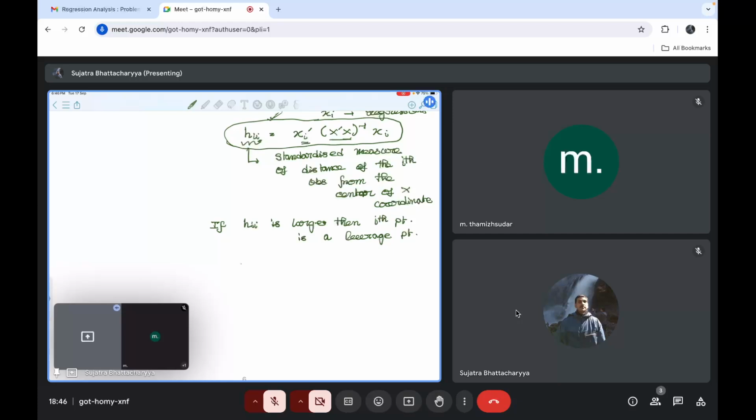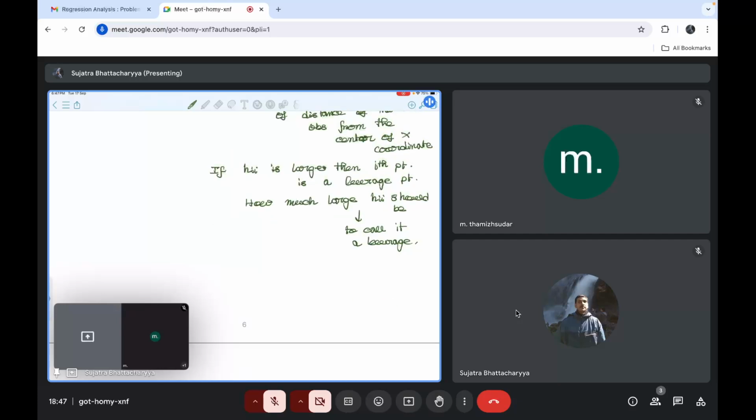How much large should the HII be to call it a leverage point? We don't have that criteria.